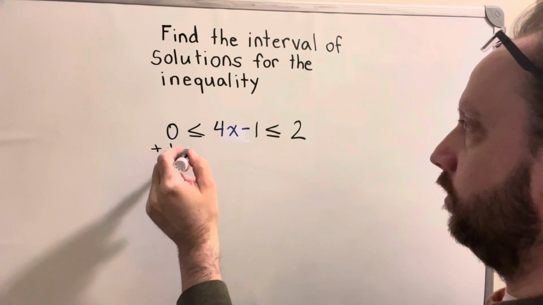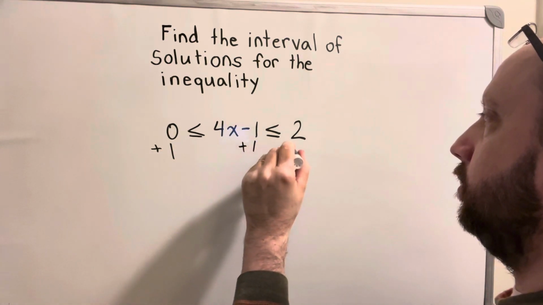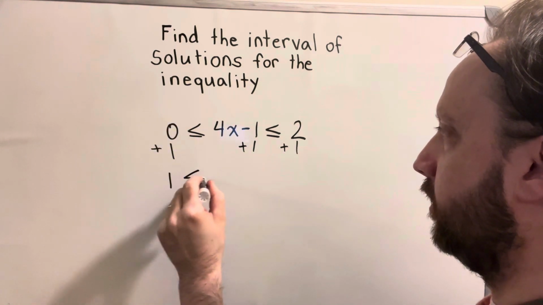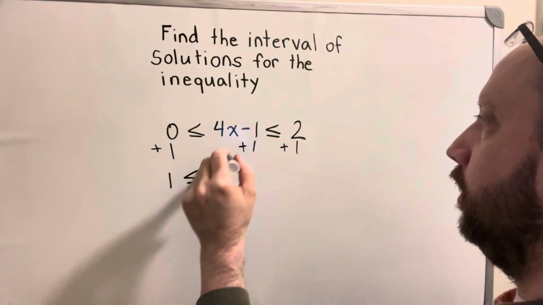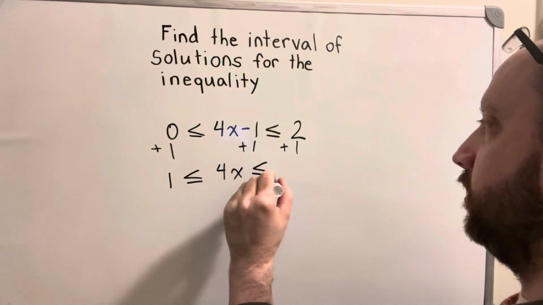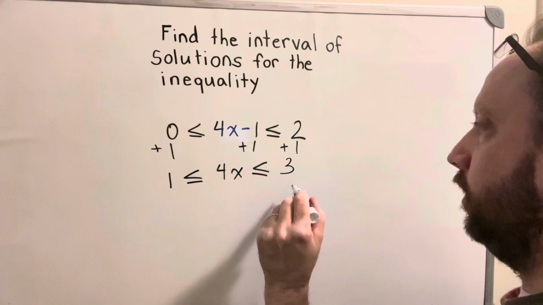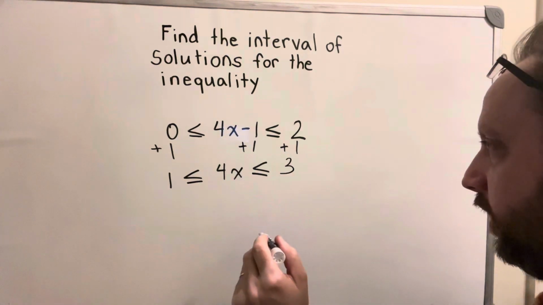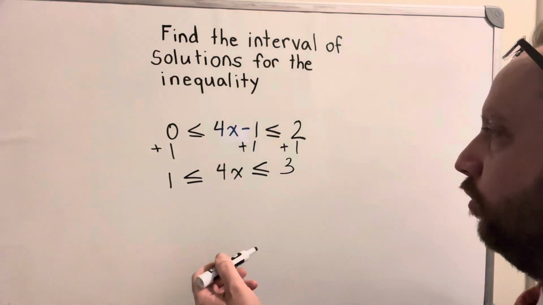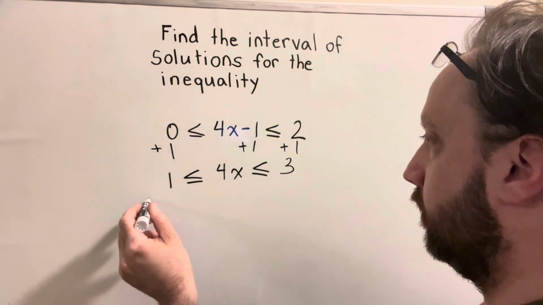So we do plus 1, plus 1, plus 1, which gives us 0 plus 1 is 1, is less than or equal to 4x, is less than or equal to 2 plus 1 is 3. And to get the x all by itself, we divide through by what? 4. And 4 is a positive number, so the inequality does not change directions.